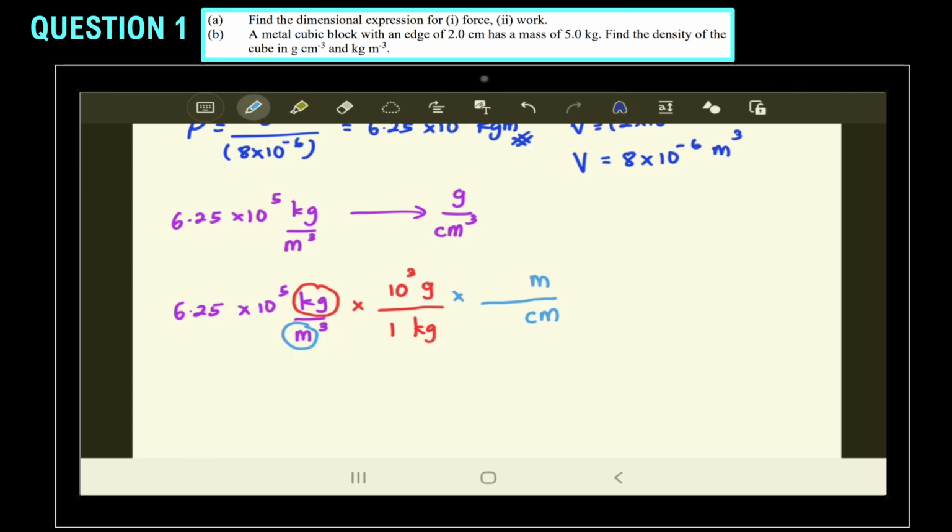As we know that 1 meter is equal to 100 centimeter, saya tulis dulu 1 meter is equal to 100 centimeter. But remember here we have cube and we need to put the unit and also the value here with cube as well.